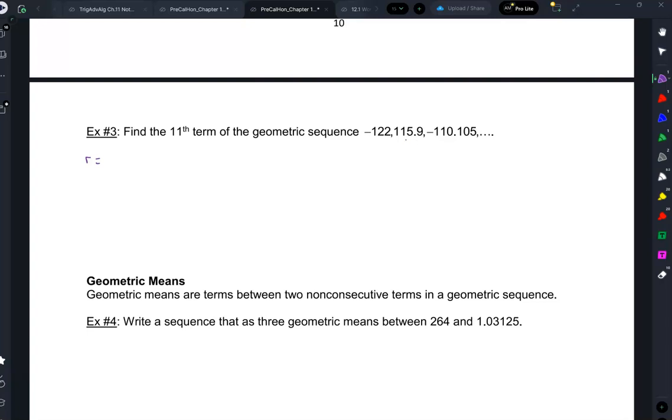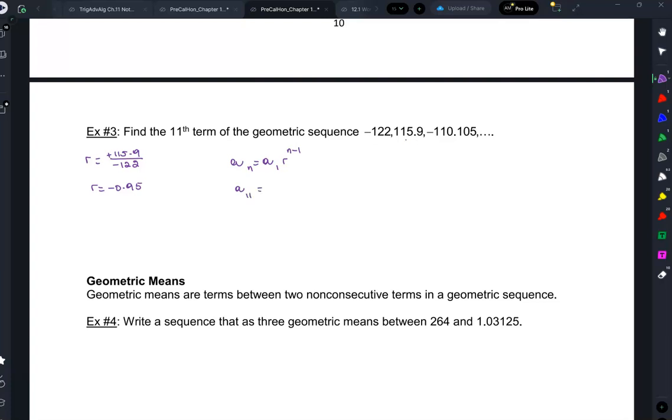So r here is going to be 115.9 over negative 122, positive 115.9 over negative 122. So r is negative 0.95. Okay, so a sub n is equal to a sub 1 times r to the n minus 1.